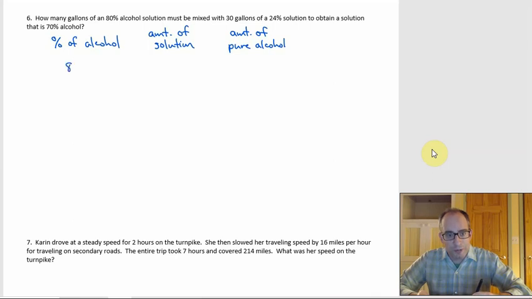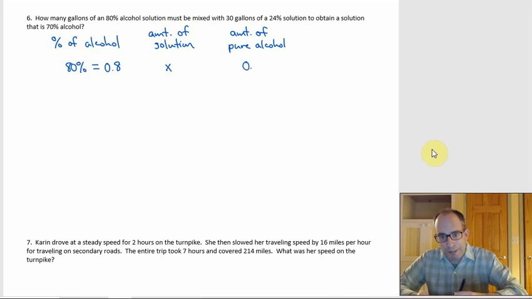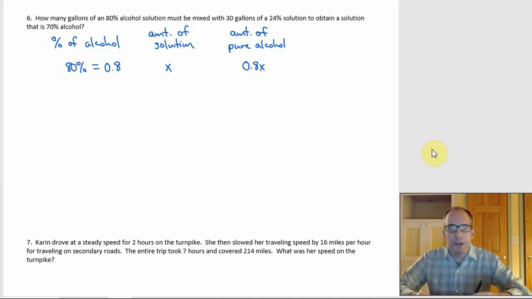So that first mixture is 80% alcohol, which as a decimal, we can write that as 0.8. And then the amount of solution, here we don't know, right? It's how much of that do we need? So it's going to be an X. Then the amount of pure alcohol, well, it would be the percentage of alcohol times the amount of the solution. So I guess here that's just 0.8x. But then the next one, where we've got 30 gallons of the 24% solution.